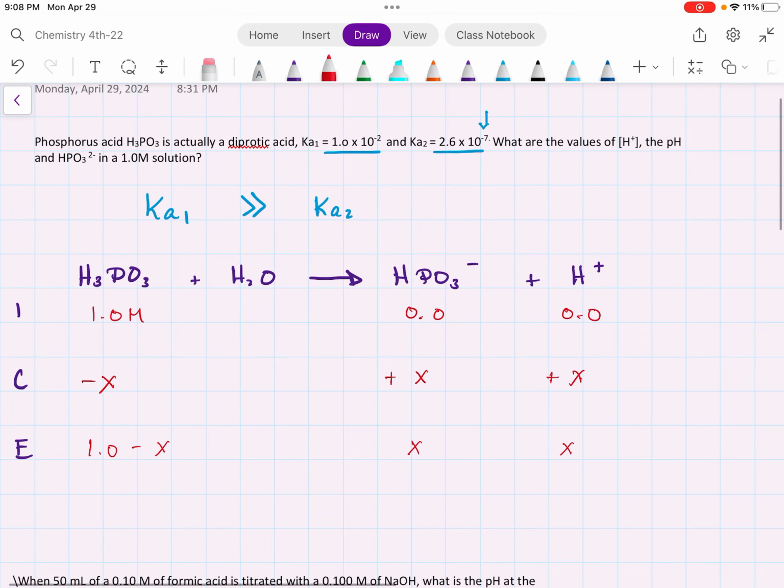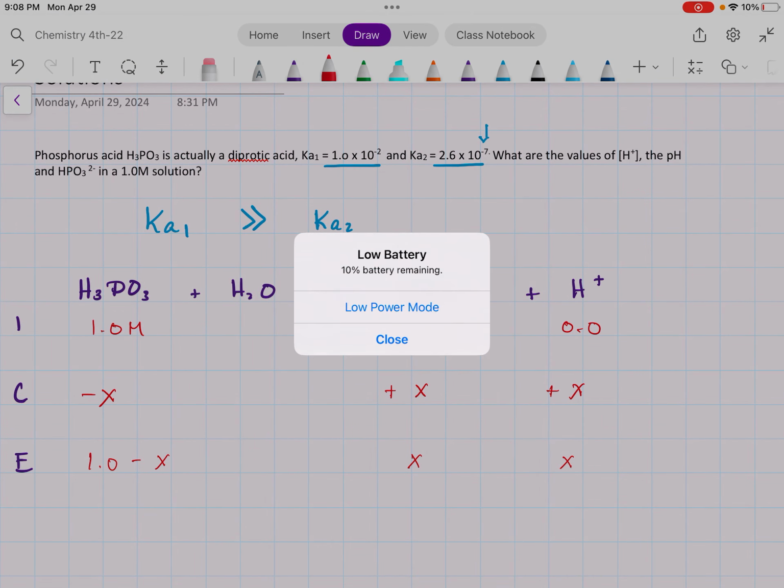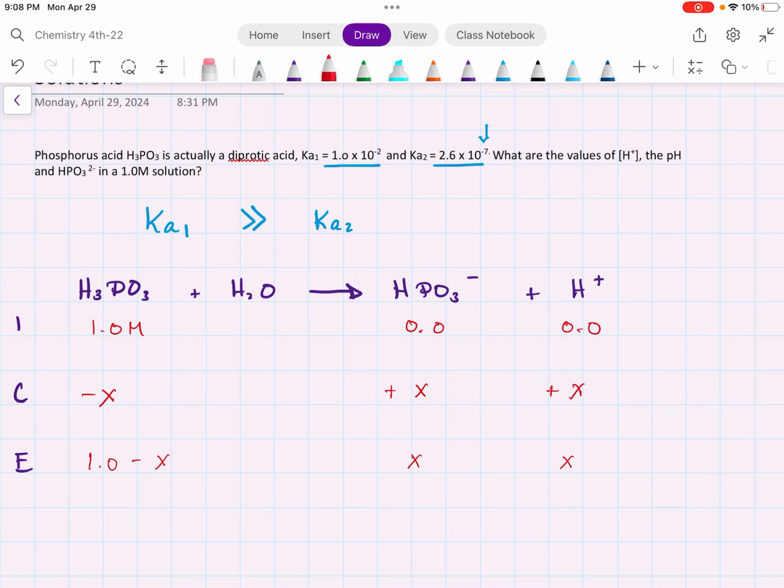Now, when we're working here, what we're seeing is the ICE chart at equilibrium. So let's take a look at what we got set up. Again, remember that we can neglect this one. It's a negligible contribution. Even these are pretty small, but we know how this works.